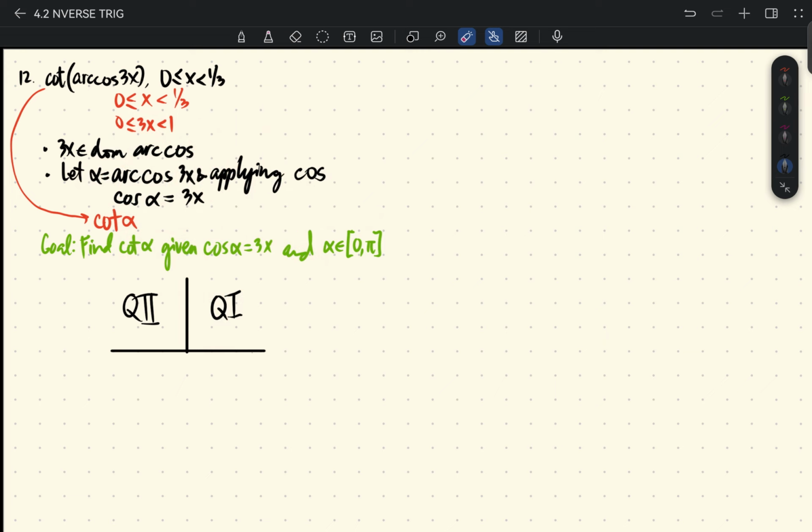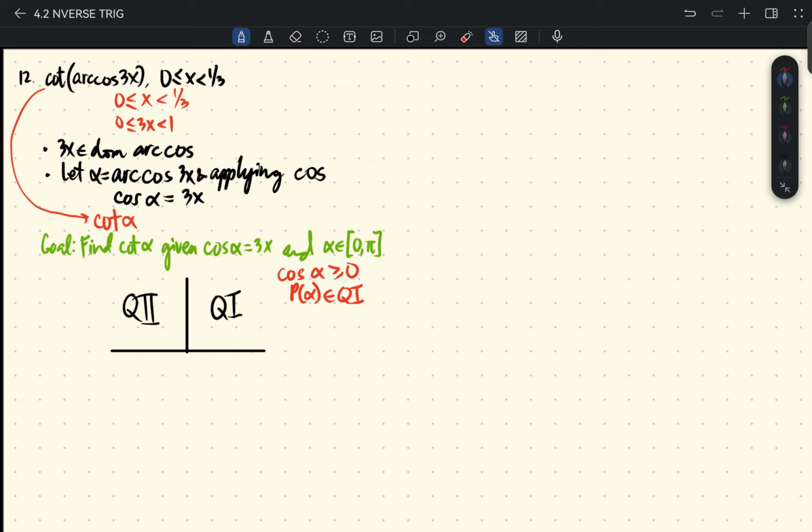Cosine of alpha is greater than or equal to 0. And take note, cosine alpha corresponds to the x-coordinates. So that means we are considering the point P of alpha, which is in quadrant 1.